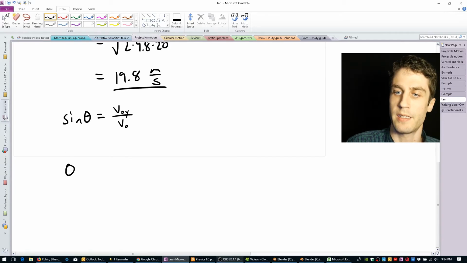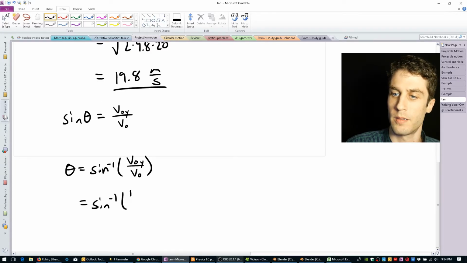And that means theta is equal to the arc sine, or inverse sine, of v naught y divided by v naught, which is the inverse sine of 19.8 divided by 30.